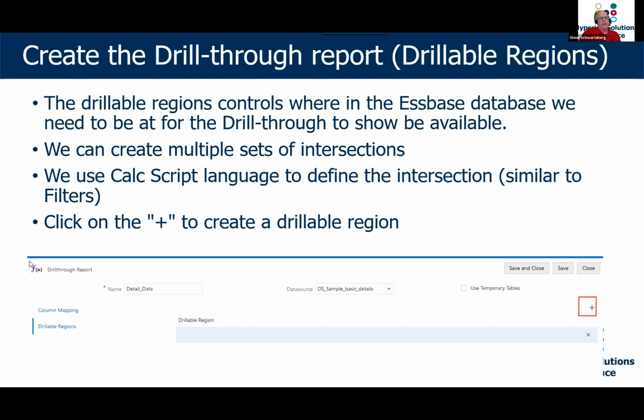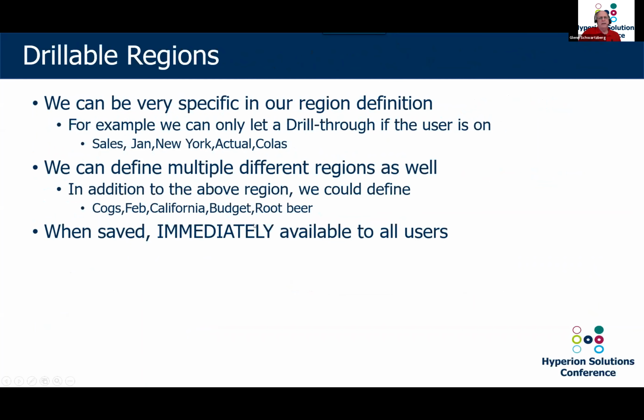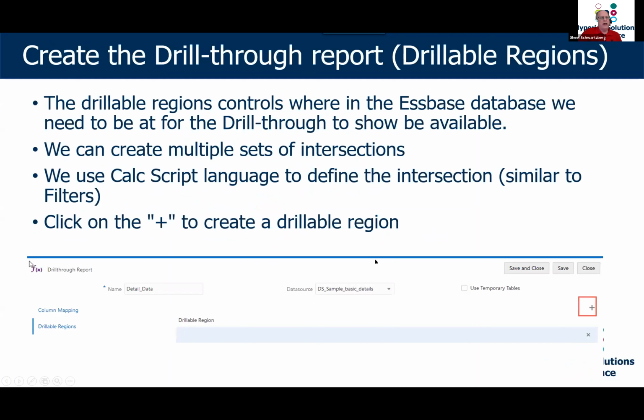So how do we do it? What we do is we click on the plus sign, and then we double click in this drillable region. And we can create multiple drillable regions within here. So for example, I created a drillable region that said, in the accounts dimension, you have to be on the member called sales.